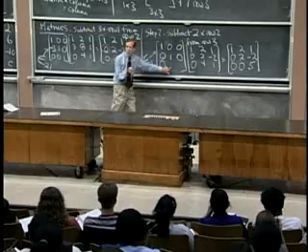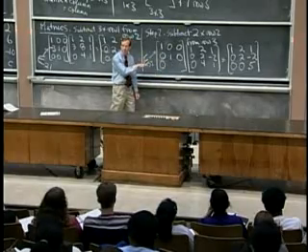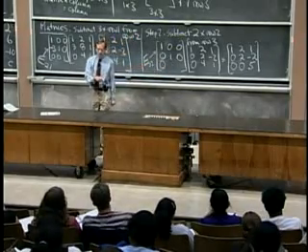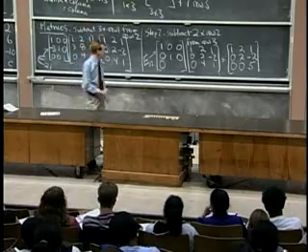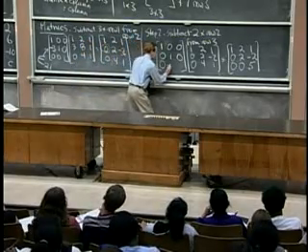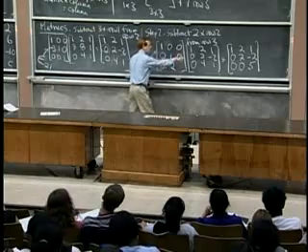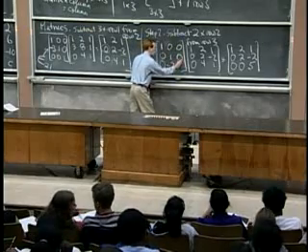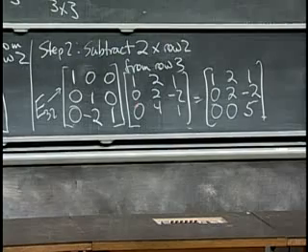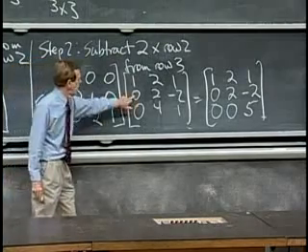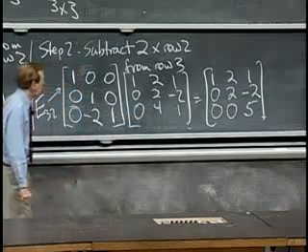The key number is the minus multiplier sitting in that 3-2 position. So it's a minus 2, and then this is a 1, so the overall effect is to take minus 2 of this row plus 1 of that. Okay.